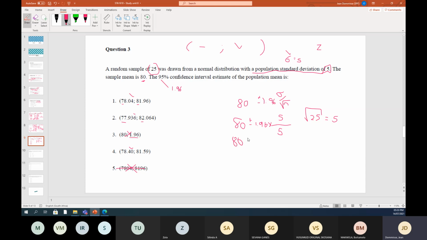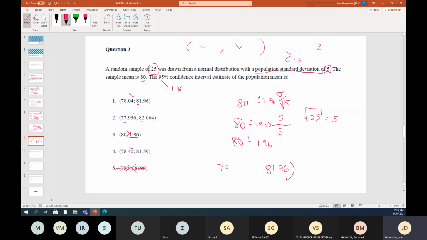So we're working with 80 plus minus 1.96. For your upper confidence limit, it will be 80 plus 1.96, so it's 81.96.